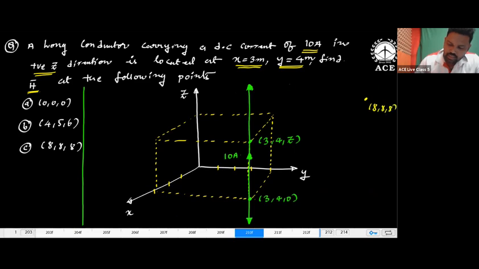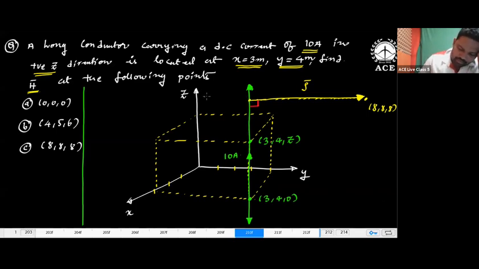If I drop a perpendicular from here to here, okay, so I'll take the perpendicular vector from here to here. Here rho is a perpendicular vector. For this one to happen, this one happened to be a perpendicular vector. What must be this point?